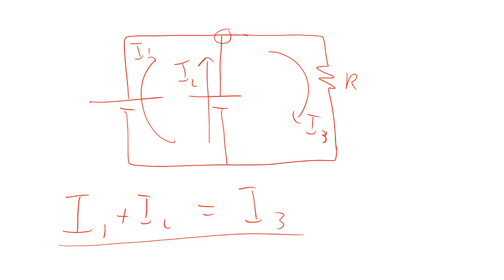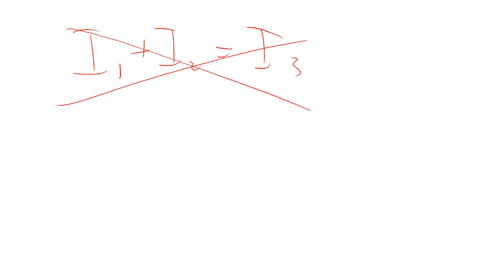A common mistake that students make when they're trying to solve these problems, because we're going to end up with systems of equations eventually, is they tend to always write down I1 plus I2 equals I3, and that is sometimes not right. For example, in the previous example, that was not the correct expression.